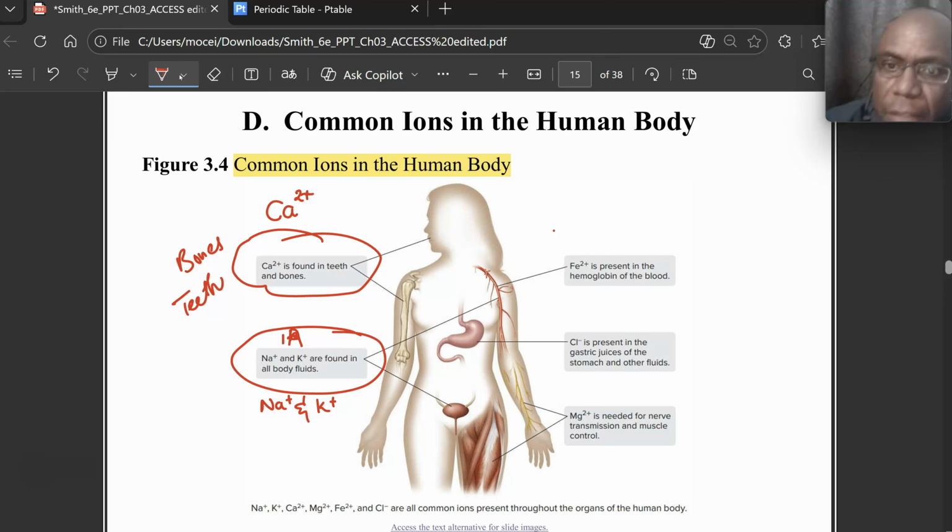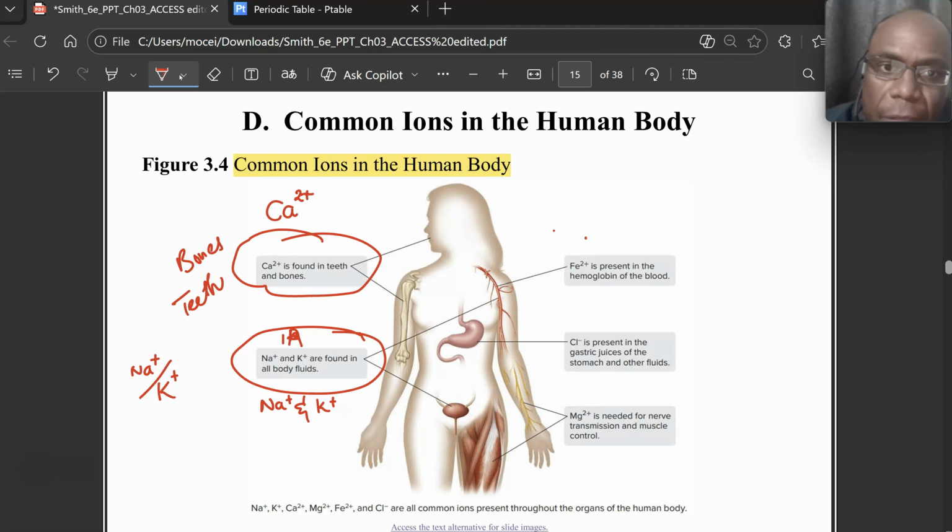They are found in all body fluids. You've heard people talking about, I have electrolyte imbalance in my blood or in my fluids. The electrolyte imbalance is usually a corrupted ratio of the sodium and potassium ions in fluids of a human.